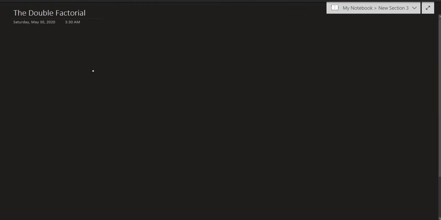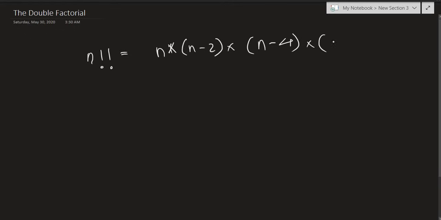So now notice that a double factorial of any number is basically a sort of alternating factorial, right? So we have, say, n times n minus 2 times n minus 4 times, say, n minus 6, and so on.